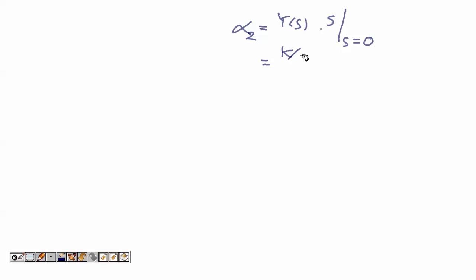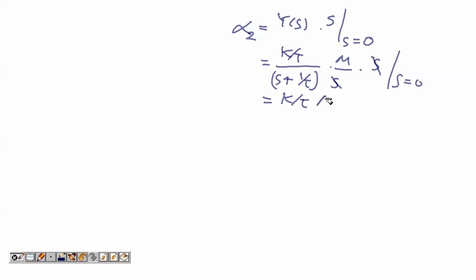Now we get K over tau, s plus 1 over tau, times M over s, times s, and set s to 0. s can be cancelled, then we get K over tau, M over tau, because the s is 0, then we get KM.